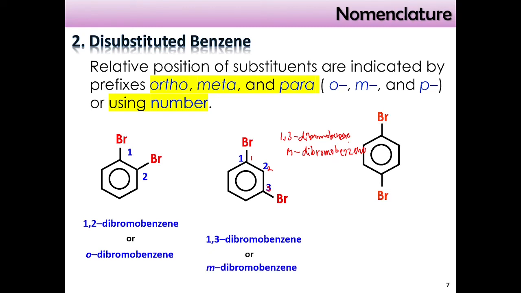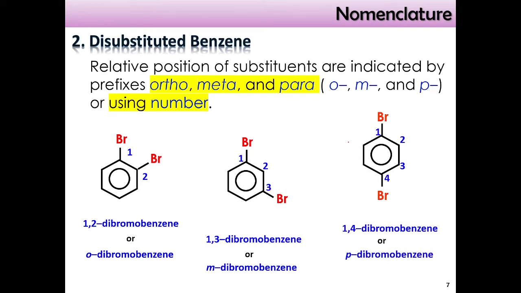And this one will be para: 1,4-dibromobenzene or para-dibromobenzene. That is the name that you can give to this structure.